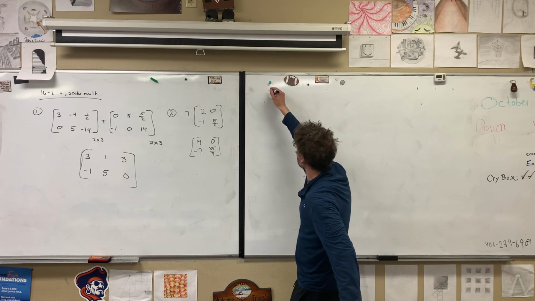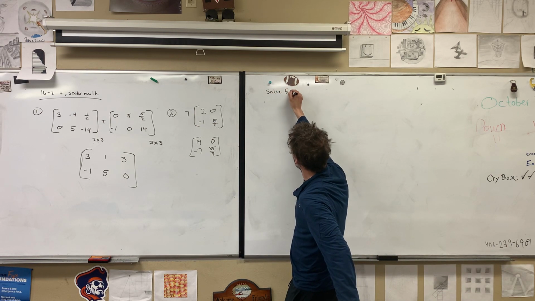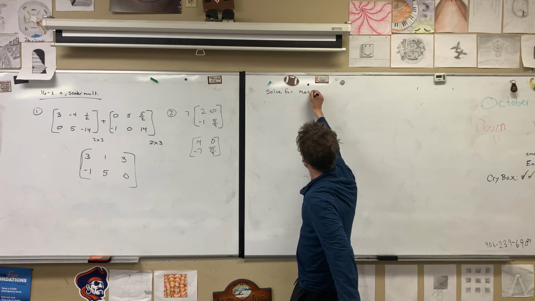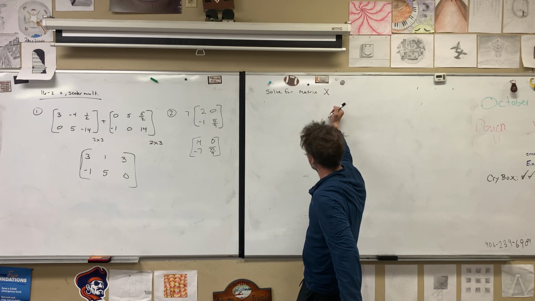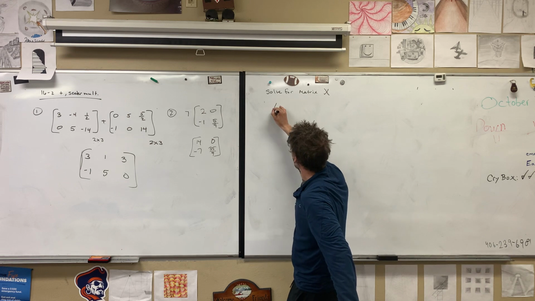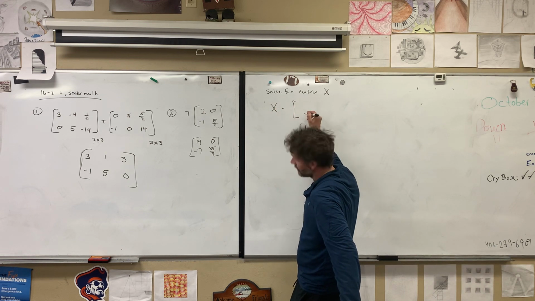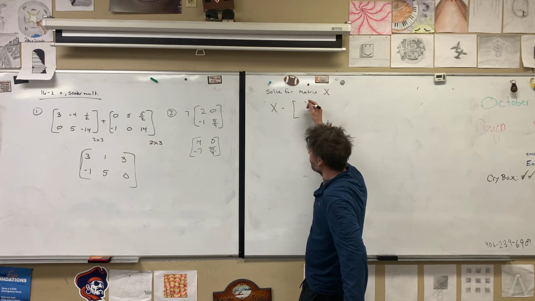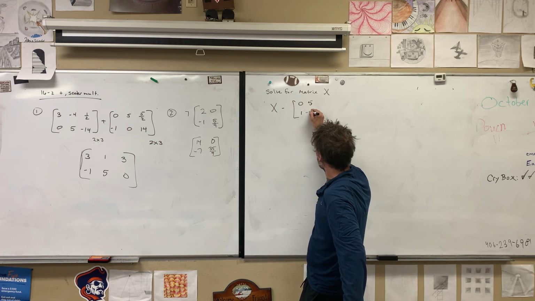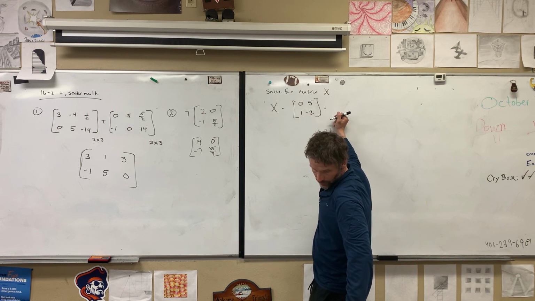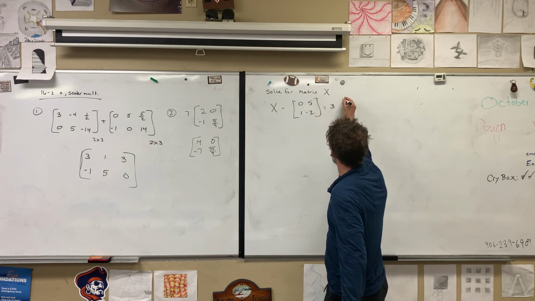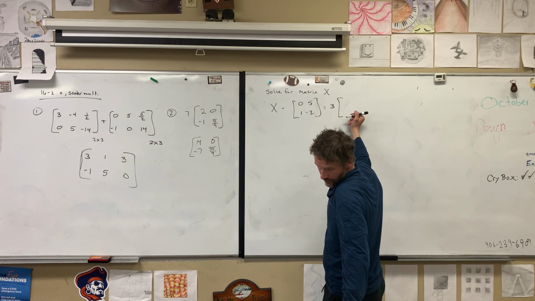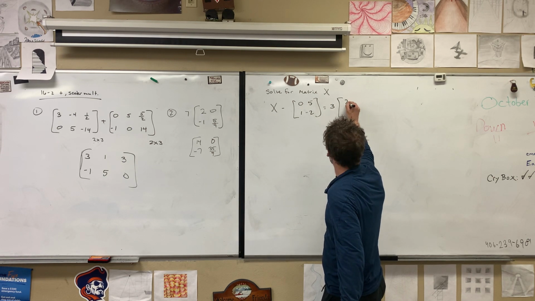Let's do one more. Solve for matrix X. You have X minus the matrix 0, 5, 1, negative 2, equals 3, that's 2, negative 3, 3, 1.